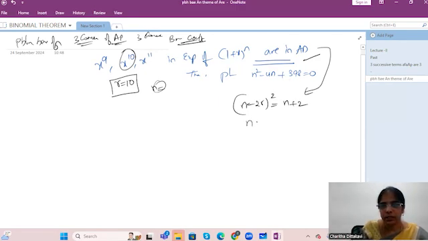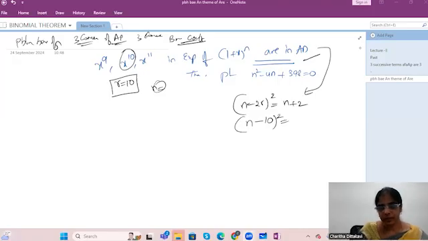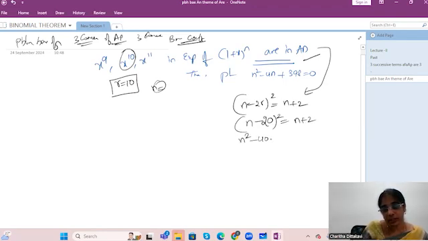So, n minus 2r, which is 10, the whole square is your n plus 2, right? Yeah, so 2r in the sense 20, I guess. Yeah, n minus 20, the whole square is n plus 2. So here you can write n square minus 40n plus 400 equals to n plus 2, right?